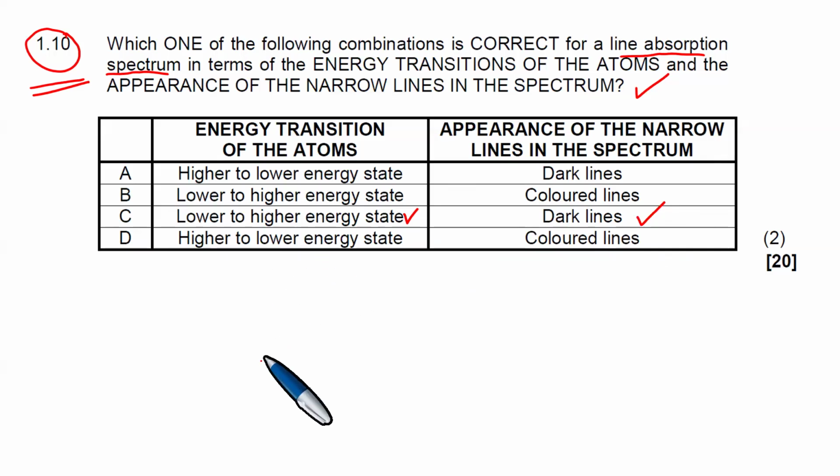Lower to higher energy state, it means therefore that the appearance of the narrow lines are dark. So it is option C.